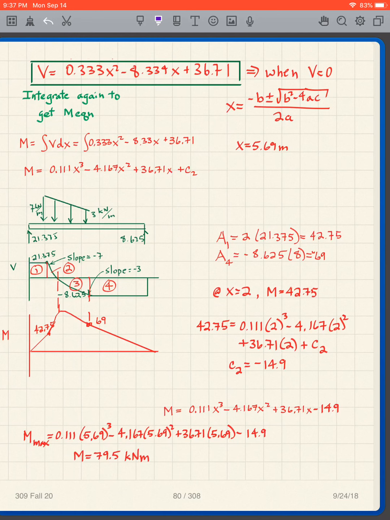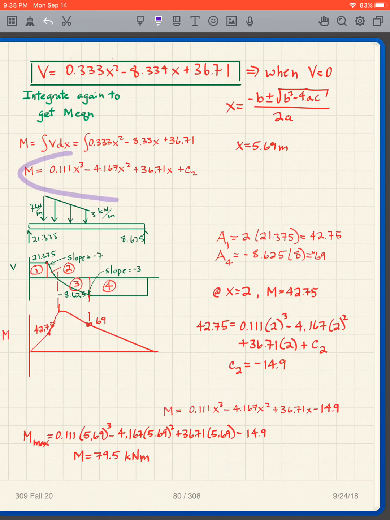Those are rectangles, so you can easily get them. So I go up area 1. For area 4, I know I have to be at 69 there because I have to go down negative 69. So my lines, I get that, and then I get a curve that looks like that in between. I want the equation of that now.